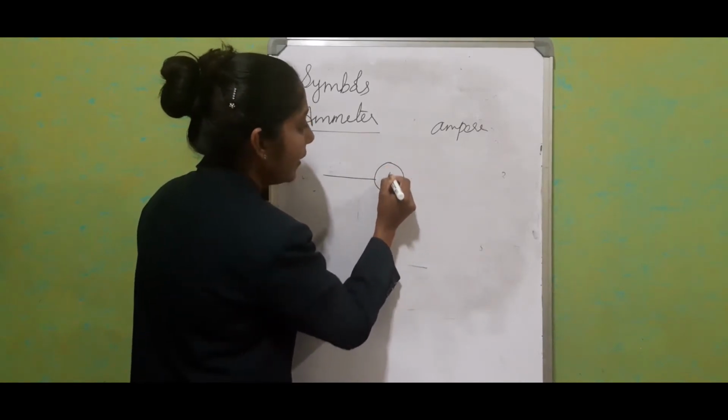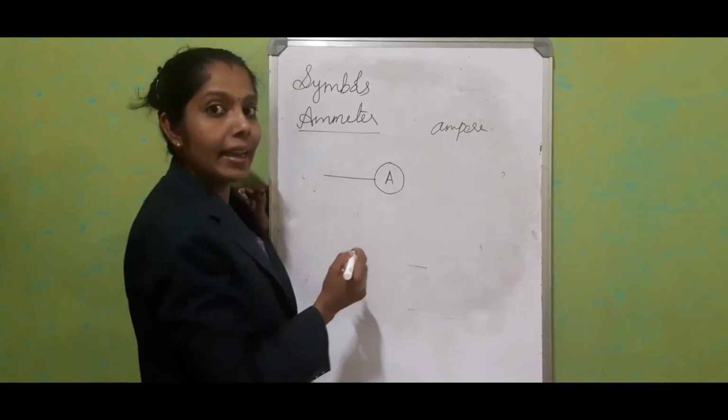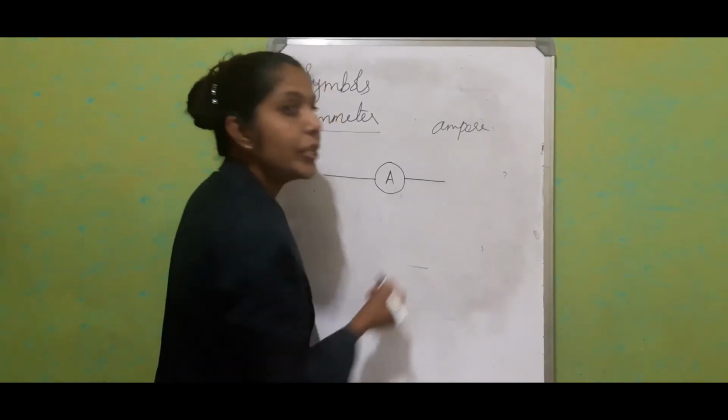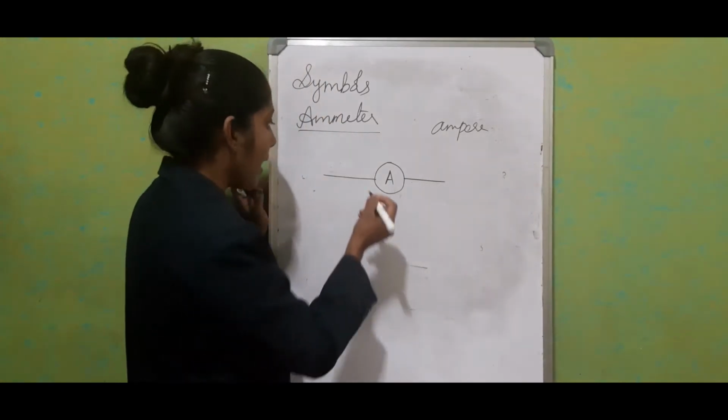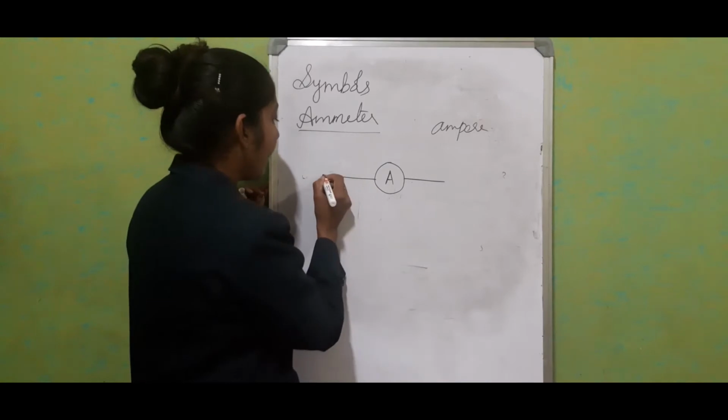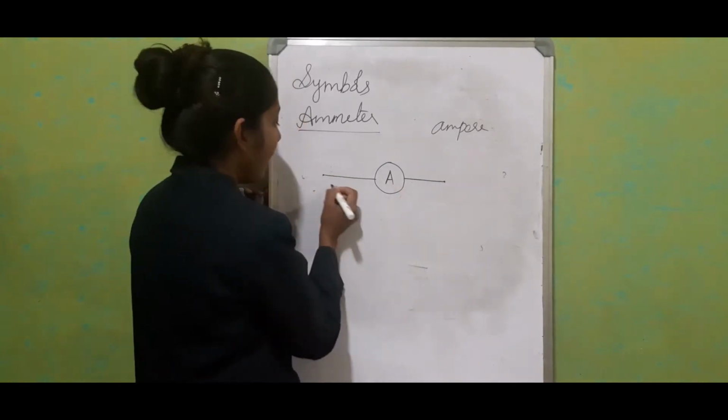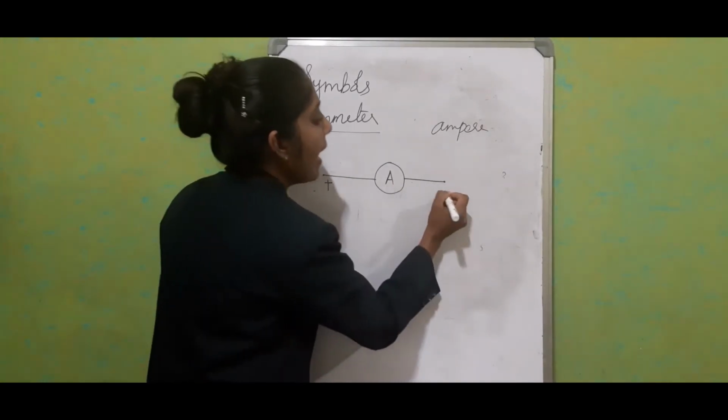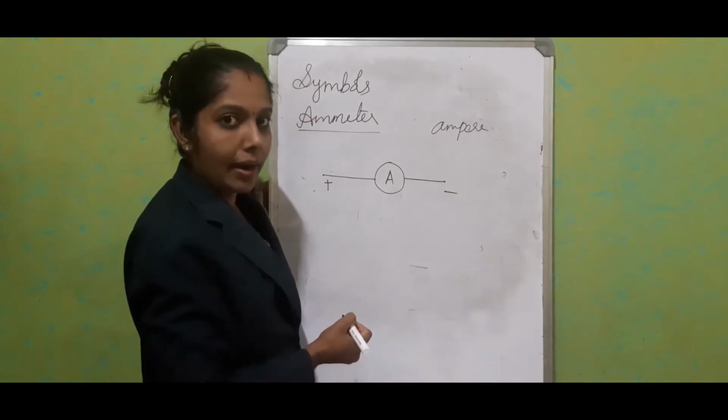The symbol A inside a circle shows an ammeter. It will be connected on both sides, and positive and negative will be marked.